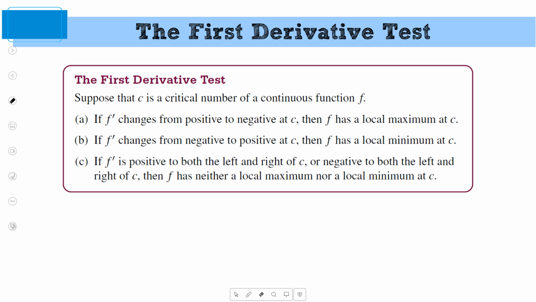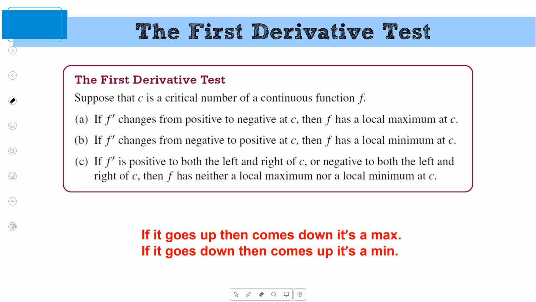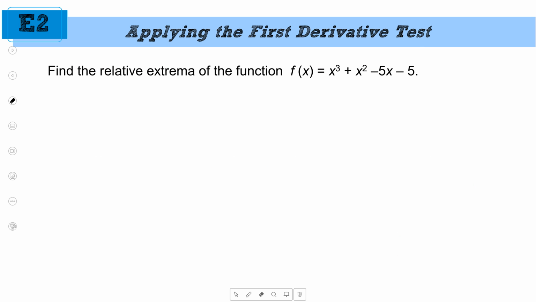If there's no change, something funky is happening at that point and we don't necessarily know what. That's going to be the most challenging problems, is when we need to figure out what's happening at a bizarre point. Okay? Good.